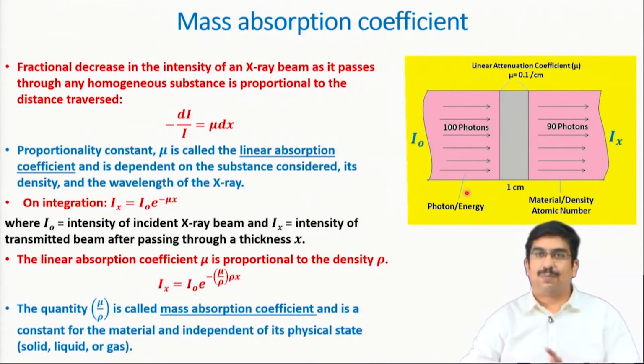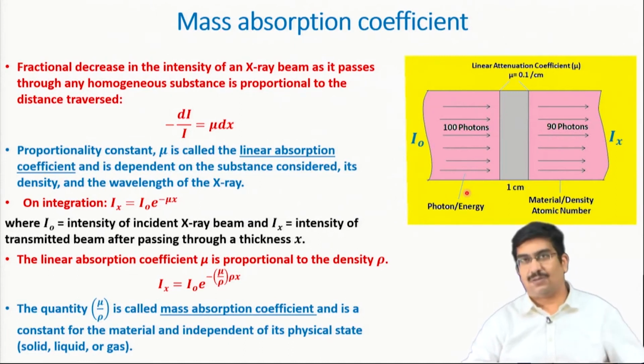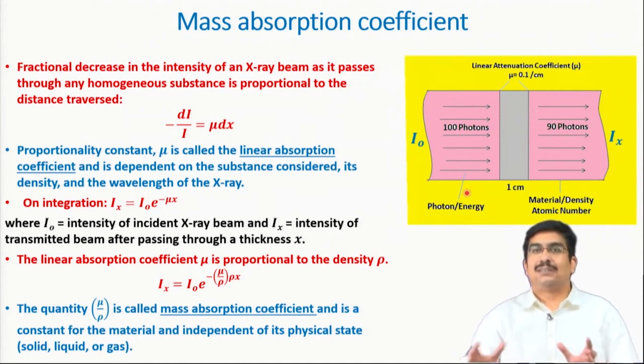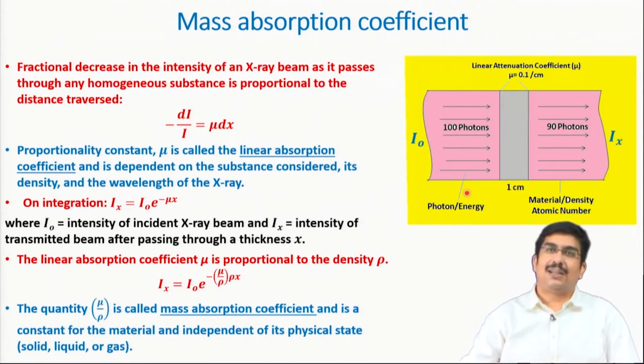You can find this out by a simple experiment. The amount of intensity decreased between the incident and transmitted X-ray, that is, the intensity absorbed by the material, is proportional to the thickness of the material.